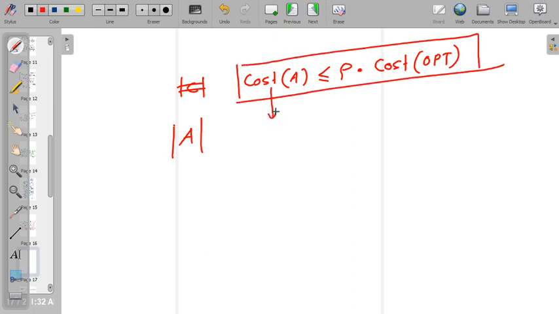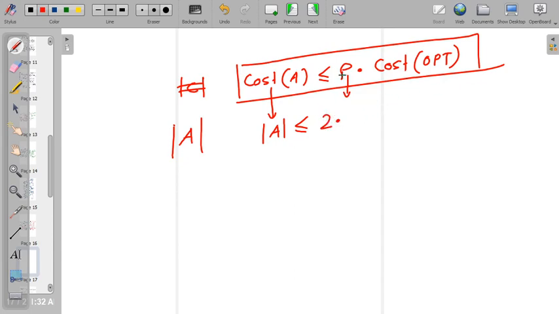For our vertex cover problem, the cost of A is the cardinality of the vertex cover of this algorithm. And rho, in our vertex cover, could be 2 or 1.5 or something.